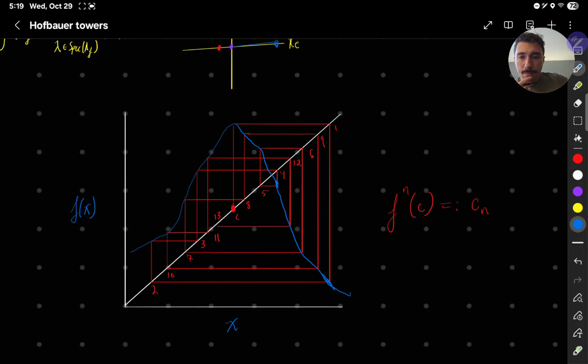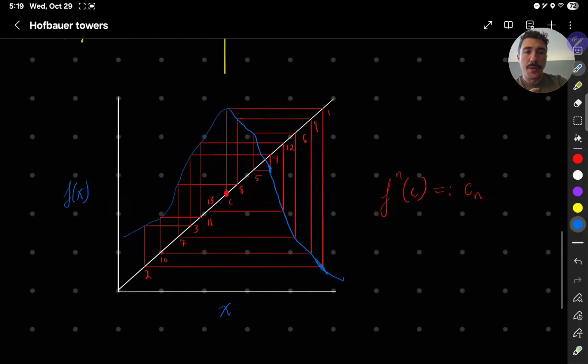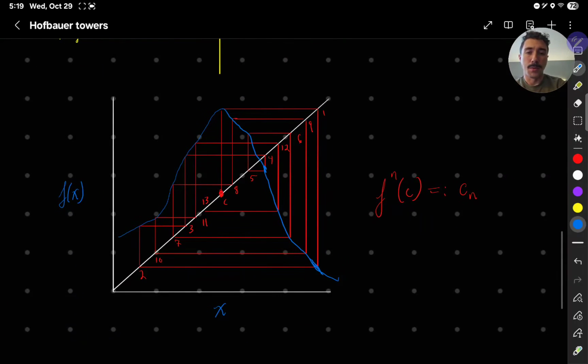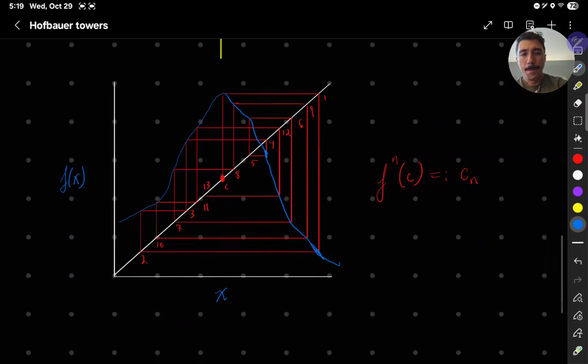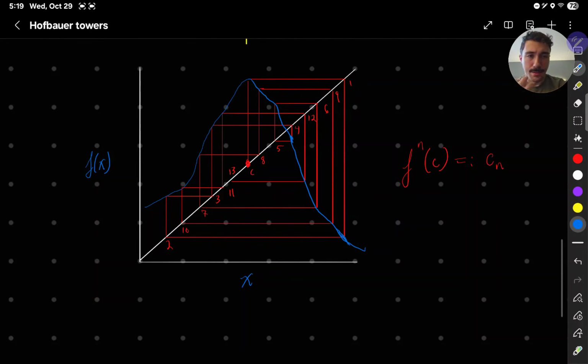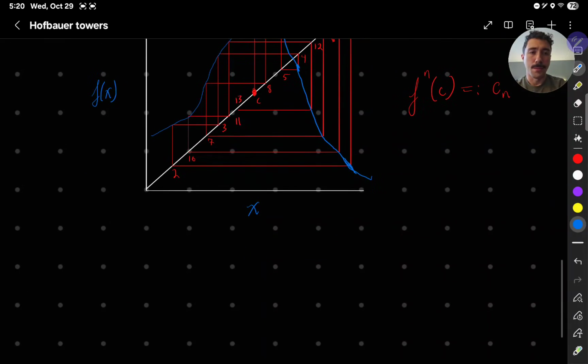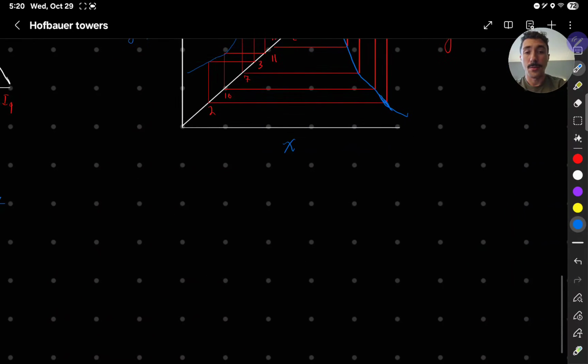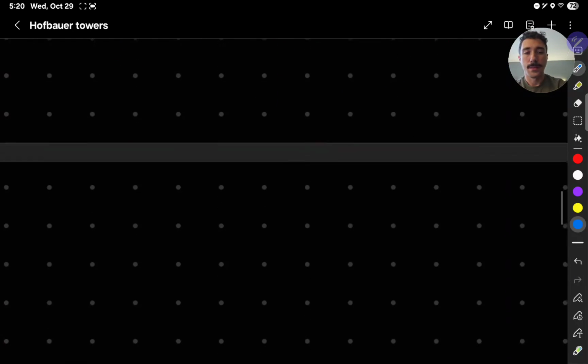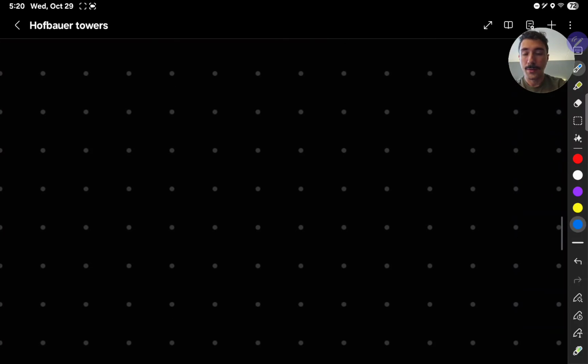So I would probably claim that this will densely fill in the interval between C2 and C1. That's unjustified. I'm just guessing from how this map looks. So probably we're not going to get a good Markov partition for this. So we've got to use some other approach. So this Hofbauer tower approach is going to be hopefully our saving grace for this.